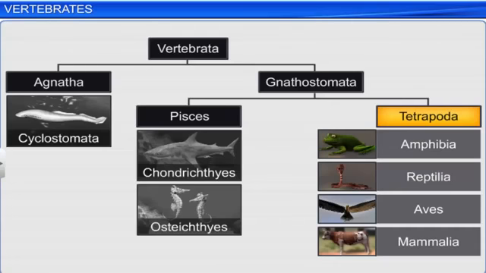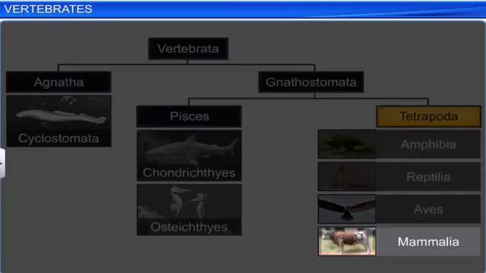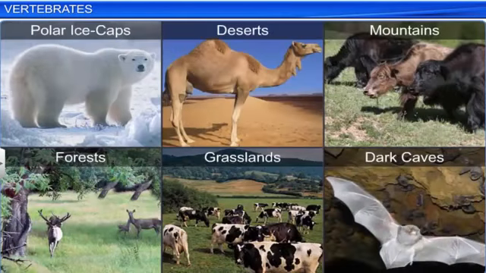The last class under subphylum Vertebrata is Mammalia. Mammals are found in a variety of habitats: polar ice caps, deserts, mountains, forests, grasslands, and dark caves.